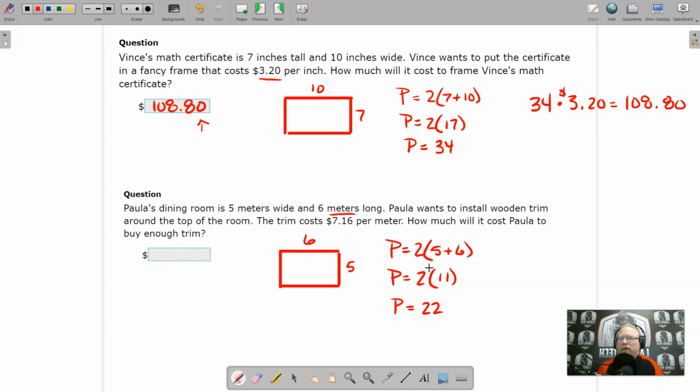Yeah, I was going to say that would be a small room. 22 meters all the way around. It's $7.16 a meter. So let's do 22 times $7.16. $7.16 times 22 gives us a total of $157.52.